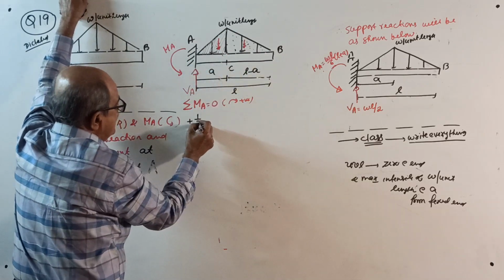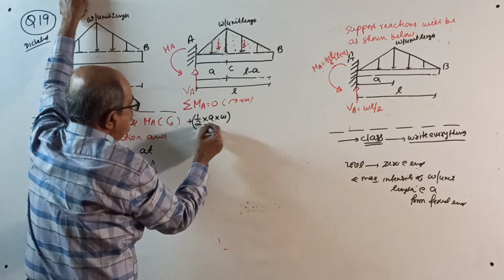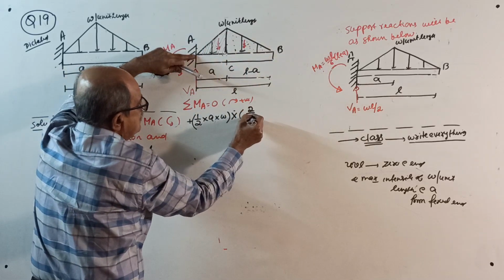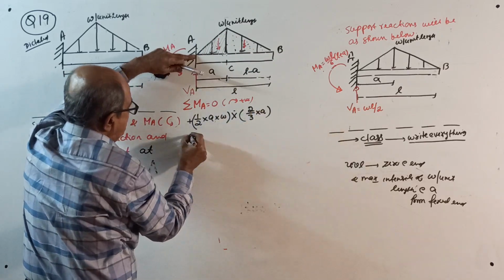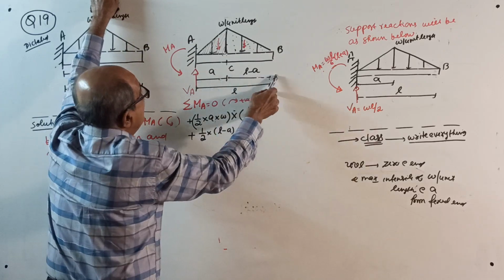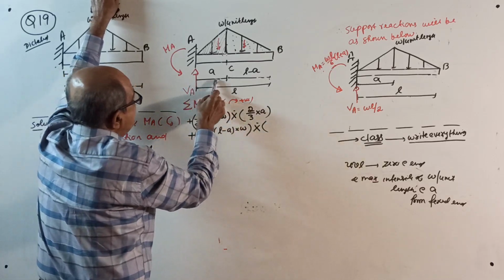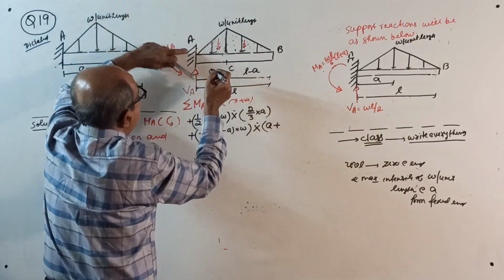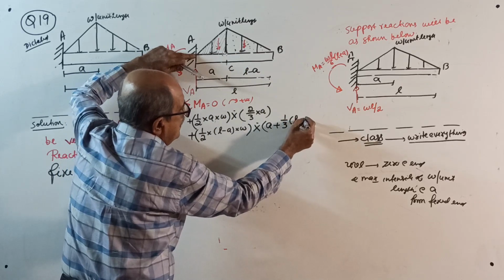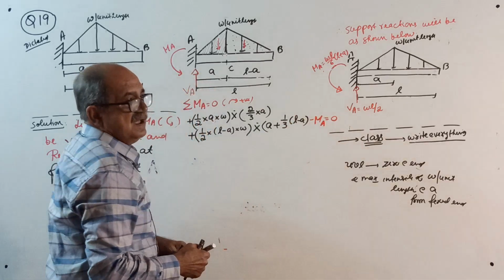Half into A into W is the load, multiplied by moment arm, this is 2/3 of A. Then plus, once again, half into L minus A into W is one more load, multiplied by this is A plus another 1/3 of L minus A, then minus MA equal to 0 is the equation.